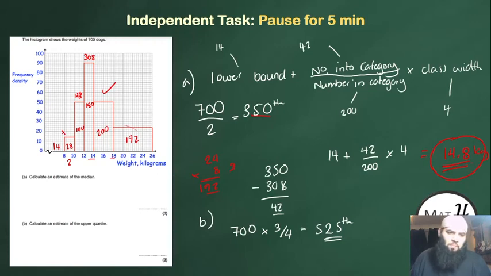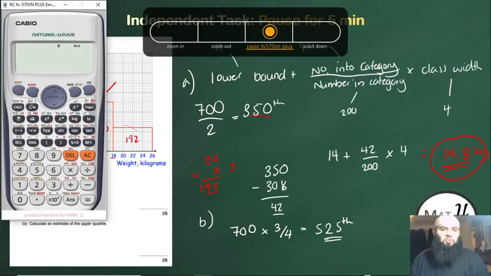I feel like I've done something wrong. Let me just check this. Something doesn't look right. Let me just add these up. All of these numbers should add up to 700.